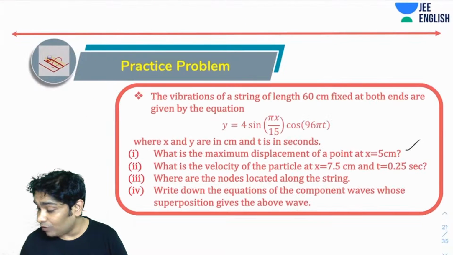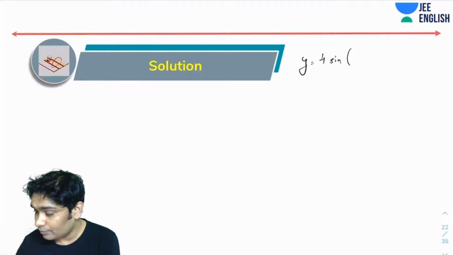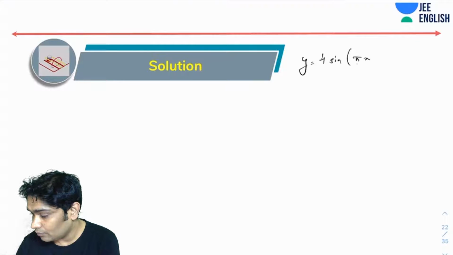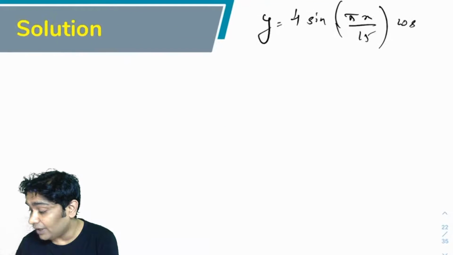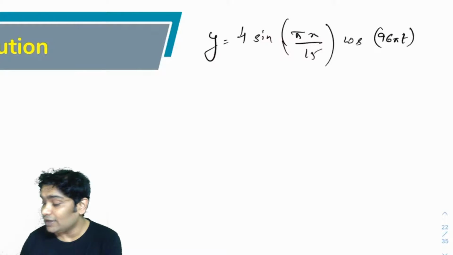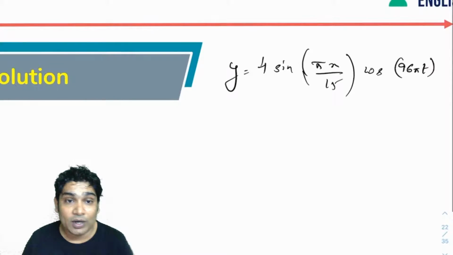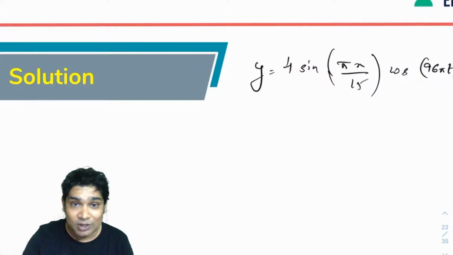So I have my equation as y equals 4 sine kx, k is pi by 15, cos of 96 pi t. So now let's start getting the answers. In the first part, I've been asked the maximum amplitude at the position x equals 5.